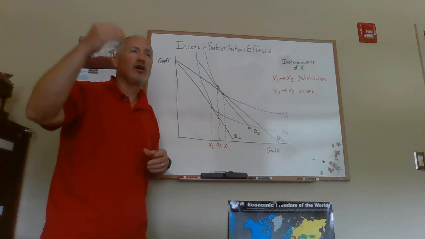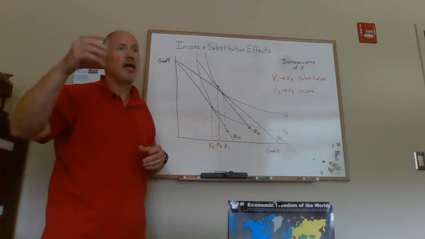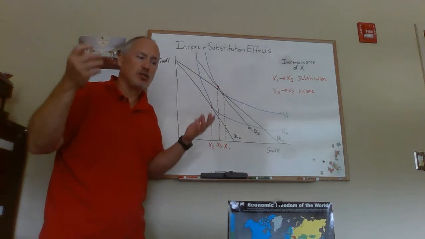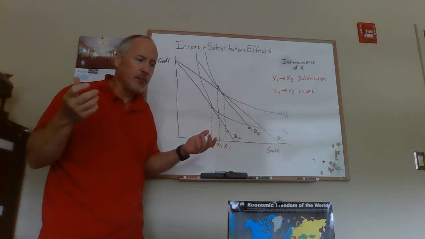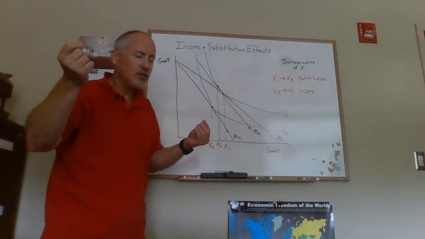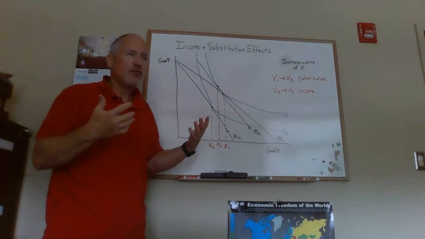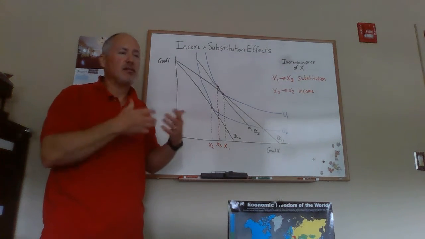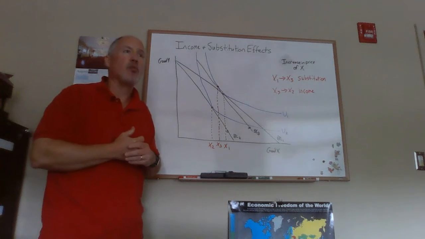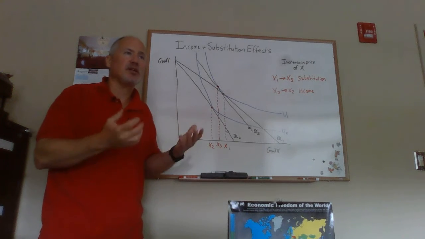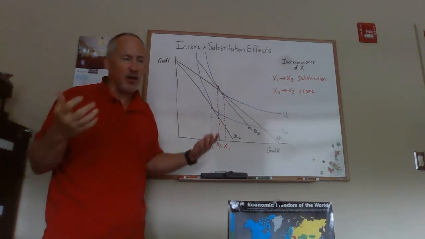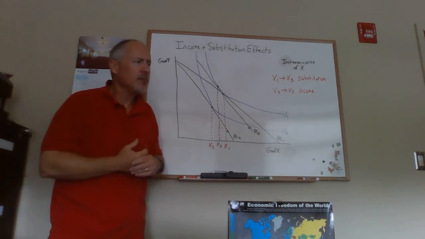The price of a good could go up, and a person could end up buying more of it because it's just this really strong inferior good. And when the price of the good goes up, the person's real income has fallen enough that they have to buy more of the good.